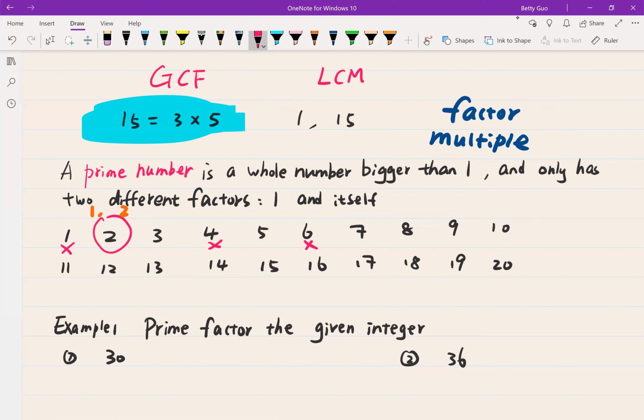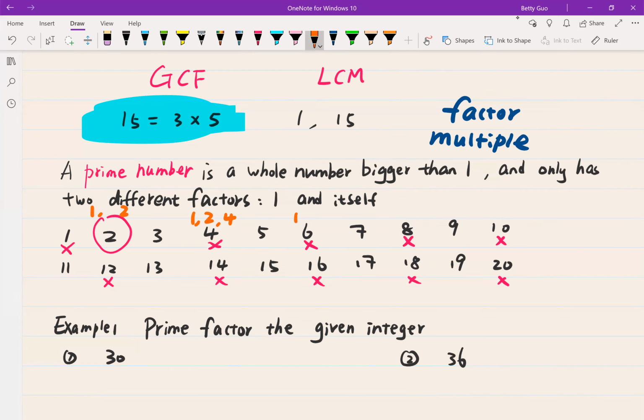Those numbers are not prime because, for example, 4, besides 1 and itself, has a third factor, 2. Even numbers are numbers divisible by 2, so those even numbers have a factor which is 2. 6 is the same.